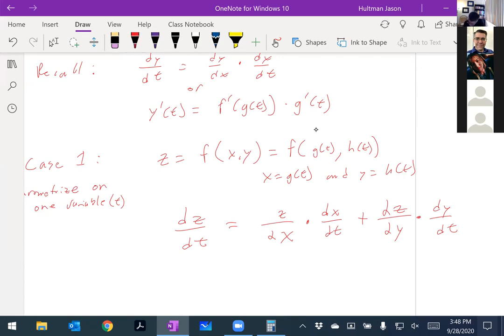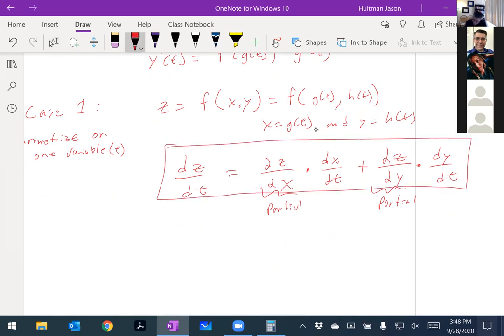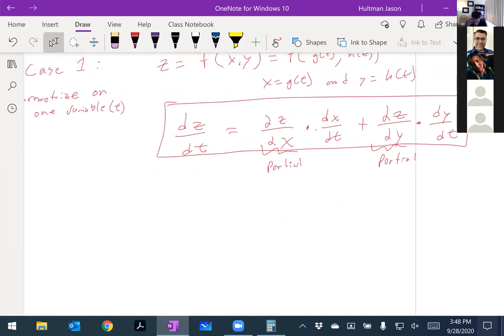I know my d's and my partials look similar, but just make sure that you know these are partials, and the others are not. They're just straight derivatives. Okay, so that's the chain rule for case 1.